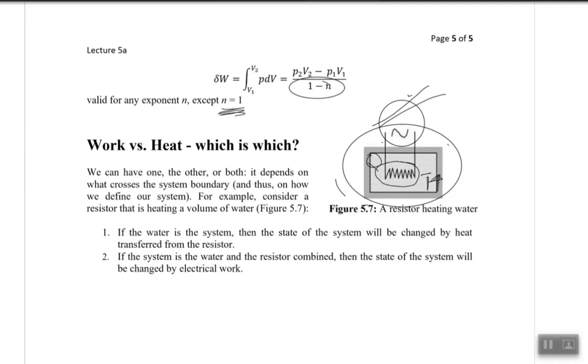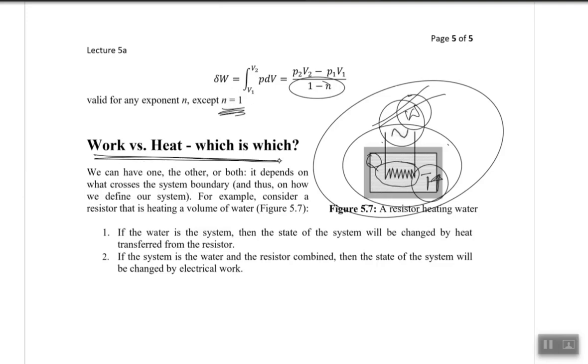But if your boundary also includes the work done, which is the electrical work, then the heat which is responsible for the rise in temperature is itself due to the electrical work. So in other words, it is the system definition which would define the change in the state of the system. I hope you understand these new concepts.